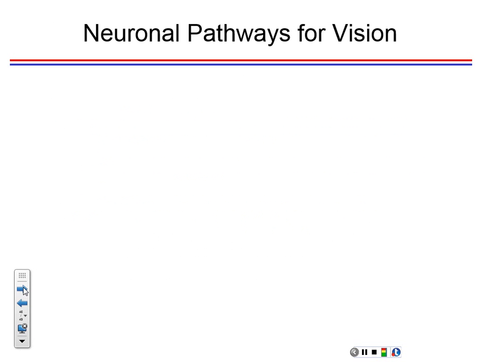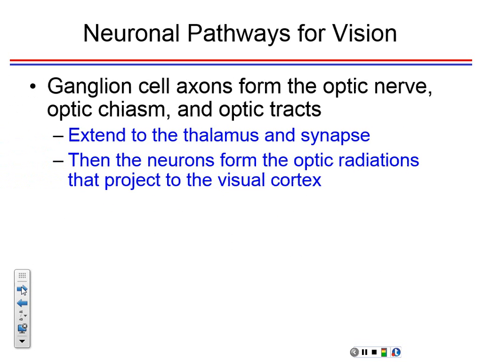You see things inverted, upside down and left to right, and when the signal goes to the visual cortex in the occipital lobe, you see it the right way during perception. In the neuronal pathways of vision, the ganglion cells extend into the optic nerve, and after the optic chiasma they become tracts.